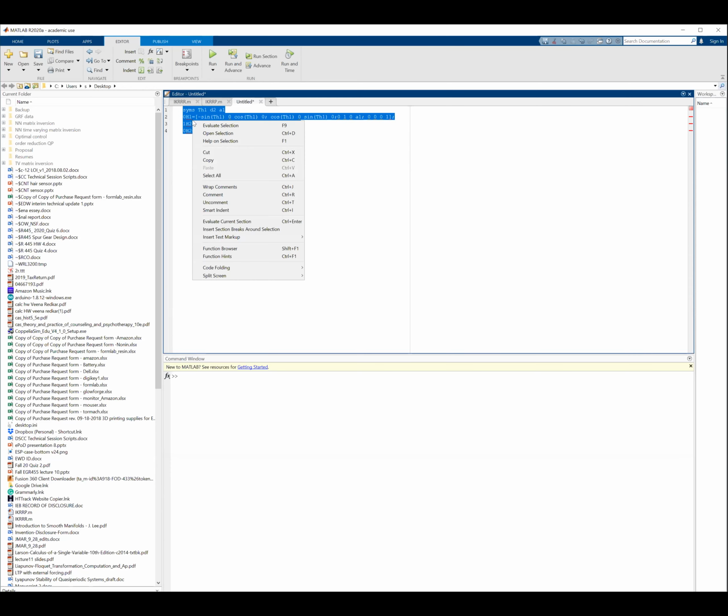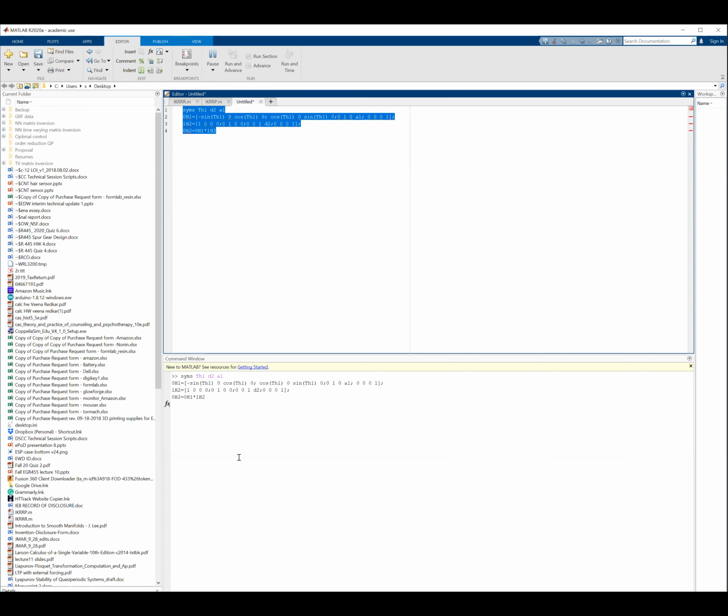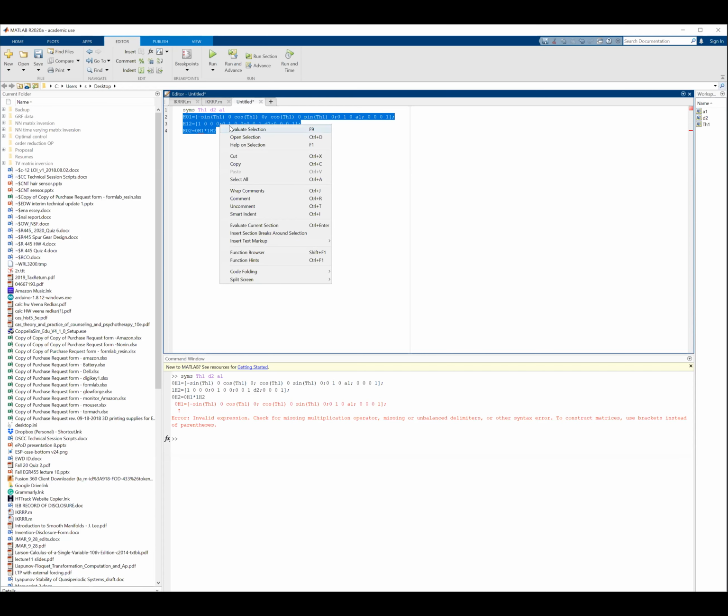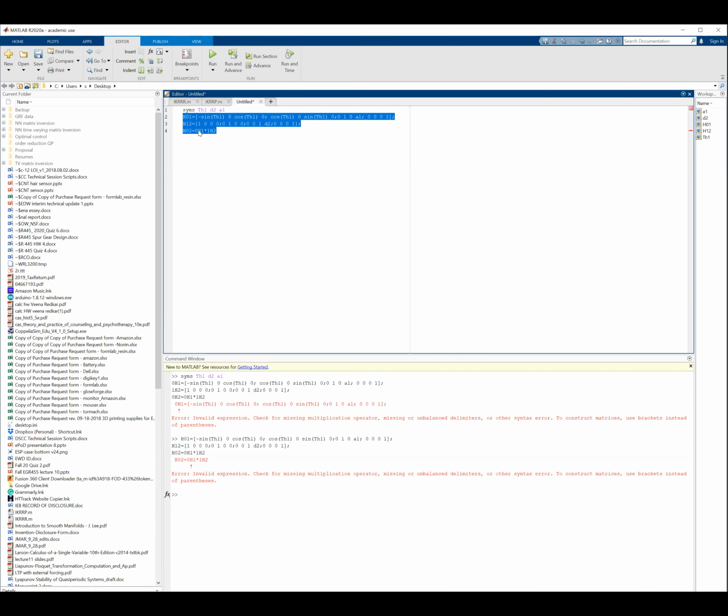Let's see what we get. Oh, MATLAB will not like it. MATLAB doesn't like 0 before variables, so it will be h01, h12, h02. So this will be 0h1 and 1h2.